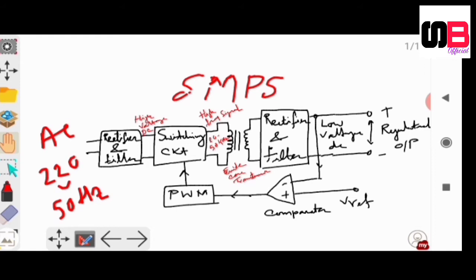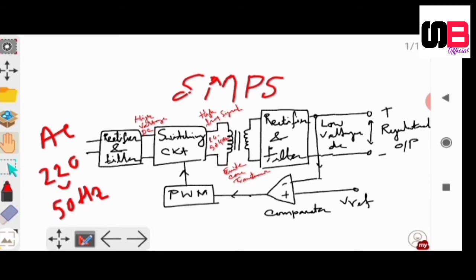We all know about the linear power supply. In case of a linear power supply, there is no path of feedback.